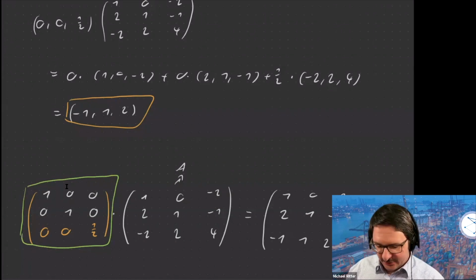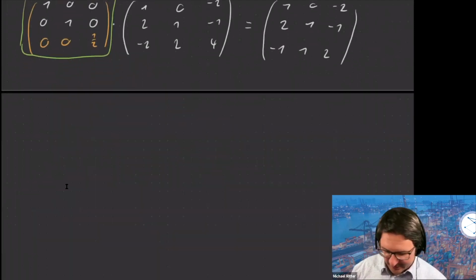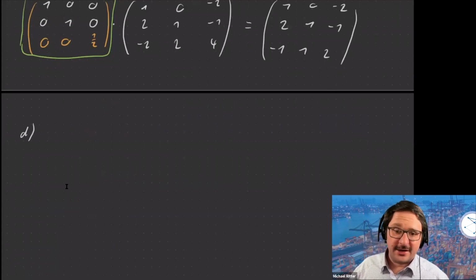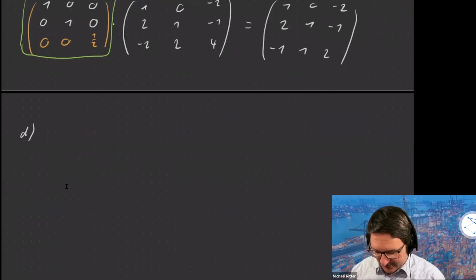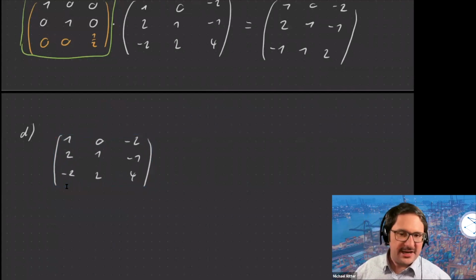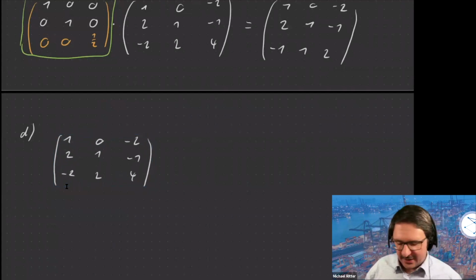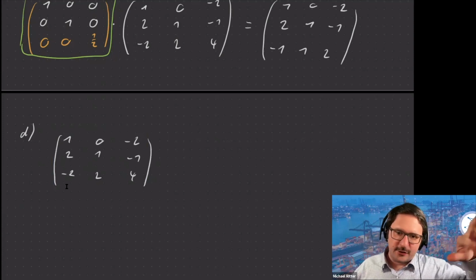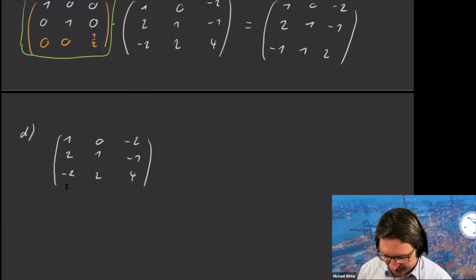And let's do D already as well. So same thing for D. In this case, we want to multiply the second column. So, you know, to multiply a column, that means we take a linear combination of just that one column. If you want to combine columns, we have to multiply something to the right of that matrix.